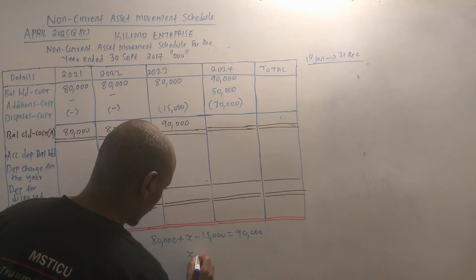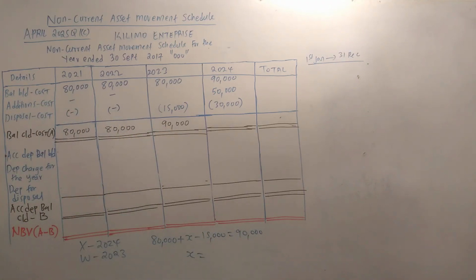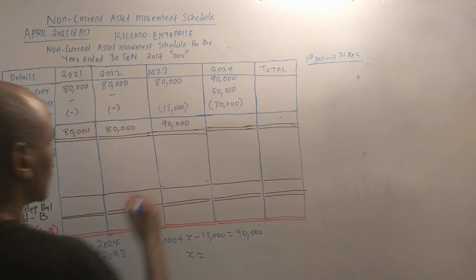So what will be the value of x? The value of x will be our addition. So it will be 90,000 plus 15,000 minus 80,000. That is 25,000.